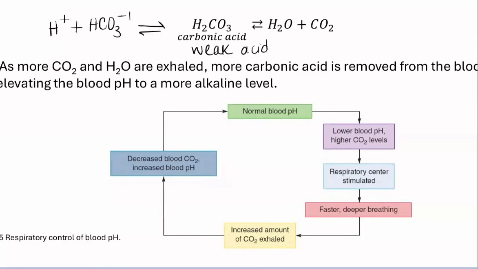Okay. So, in a way, when we look at this buffer system, we can relate this concept back to Le Chatelier's principle. In Le Chatelier's principle, this is saying that in this case, if we decrease the amount of CO2, overall, the system is going to now push the equilibrium in the right direction in order to replenish this product that is lost.